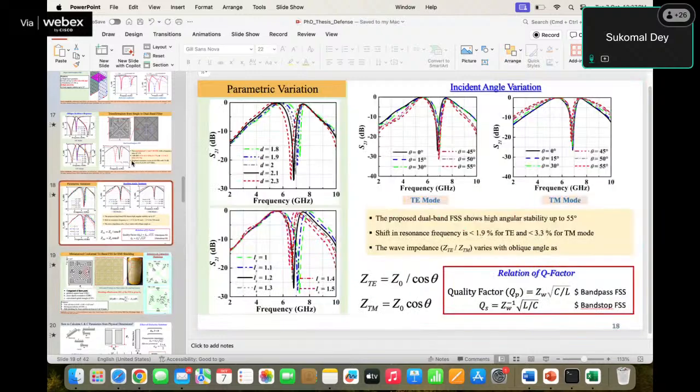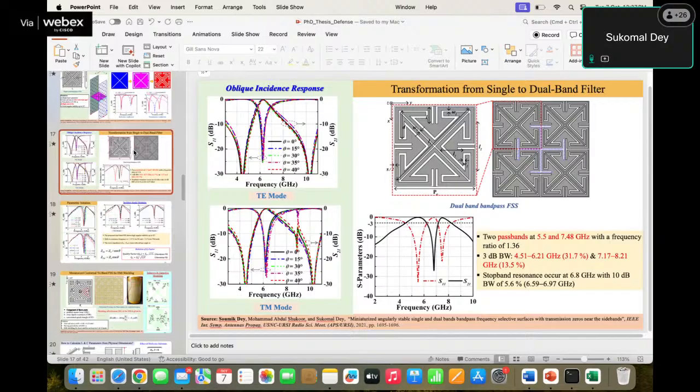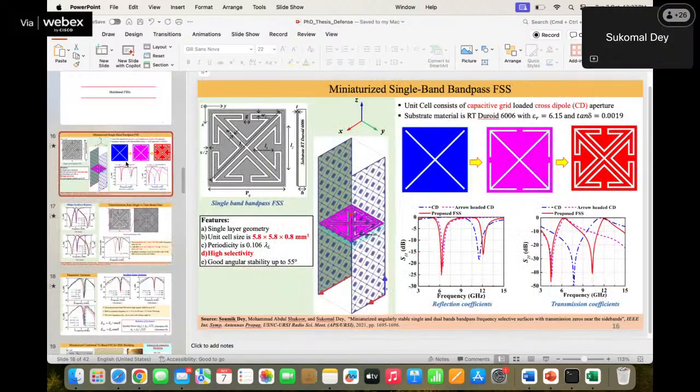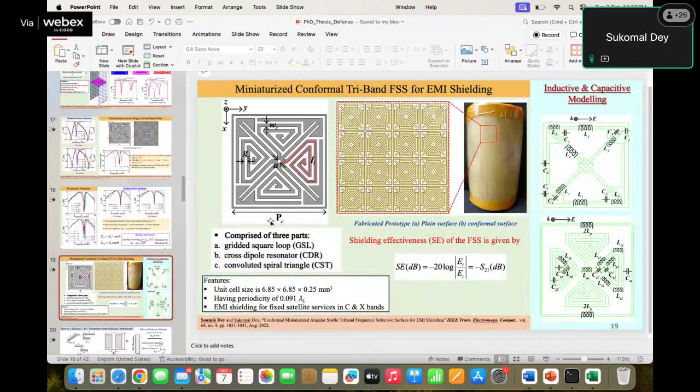See, all the miniaturized versions are basically 0.1 lambda only. You can consider it as 0.1 lambda. Even in that case, whenever you are making it, you slightly reduce it to 0.09.